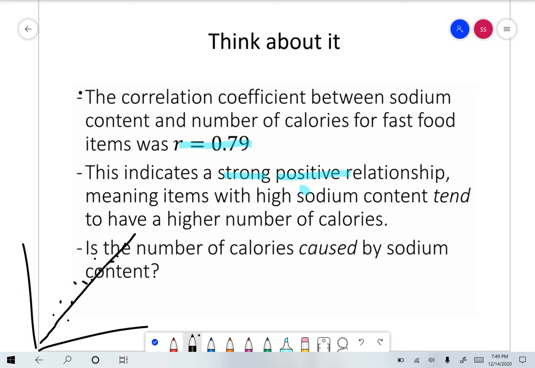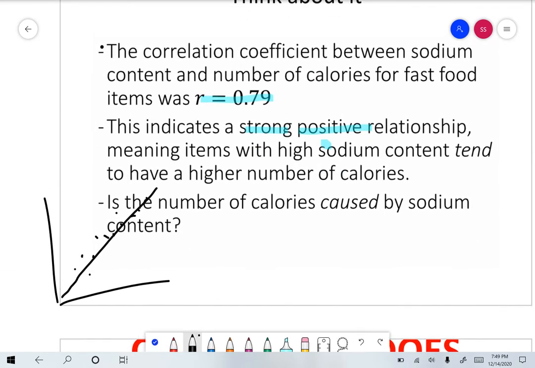Okay, so this means that the items with a higher sodium content, the more we increase on the x, the sodium, tend to have a higher number of calories as well. So as the sodium increases, the calories tend to increase as well.